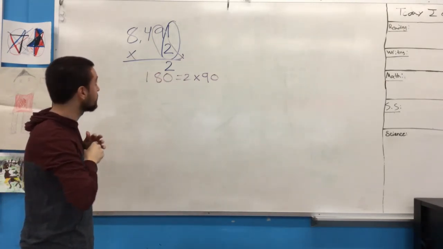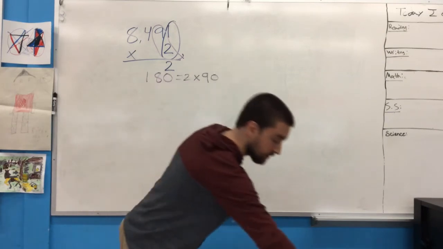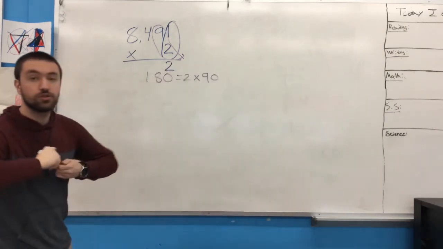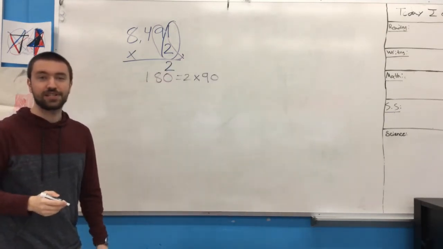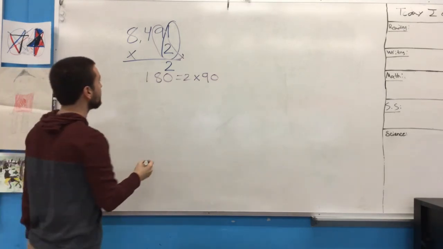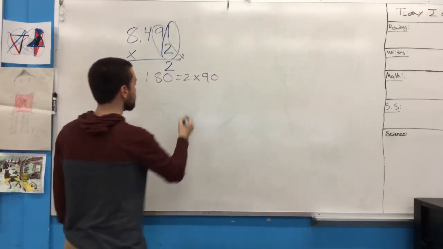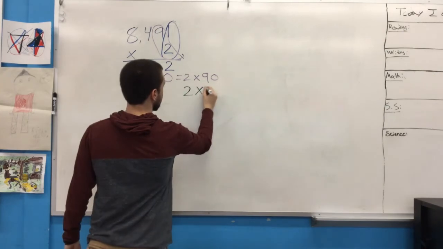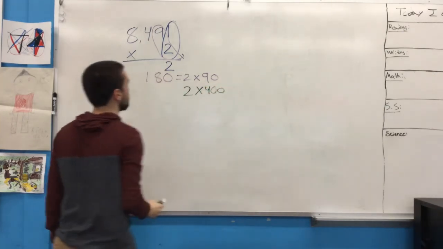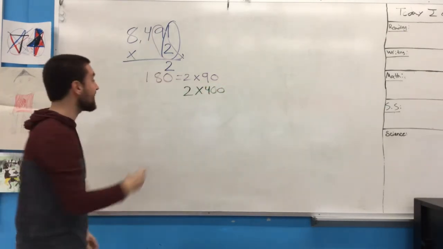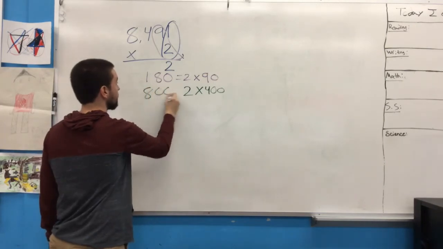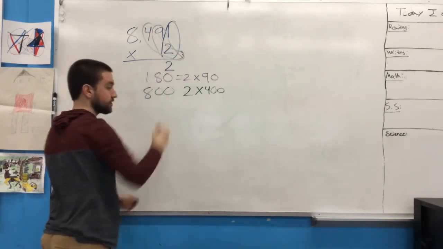Next color. 2 times 4, but it's not 4, it's 400. 2 times 400 is going to equal 800. So that was our next step.